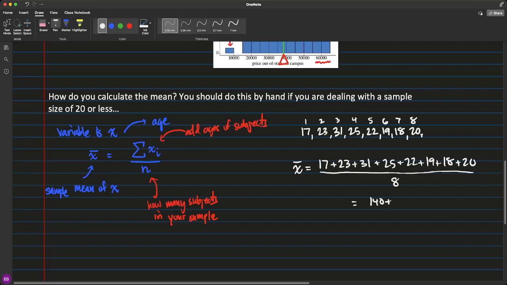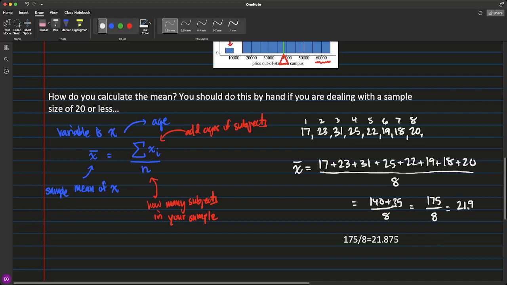And then if you add all the single numbers together, 7 plus 3 is 10, plus 1 is 11, 16, 16 plus 2 is 18, 18 plus 9 is 27, 27 plus 8 is 35. 140 plus 35 is 175, so you get 175 divided by 8. And if I do 175 divided by 8, it equals 21.87.